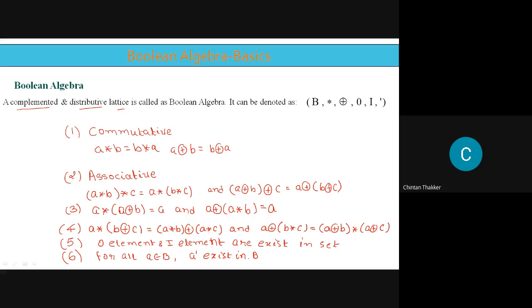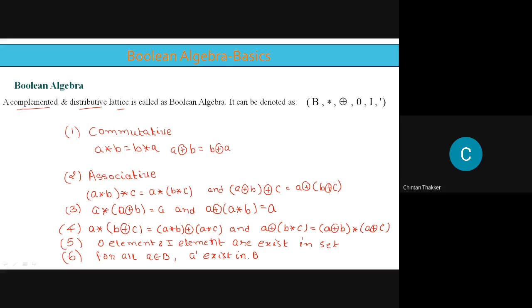Similarly, we checked S90 GCD LCM, where the element 3 does not have any complement element. So S90 is also not a Boolean algebra, because it is not a complemented lattice.